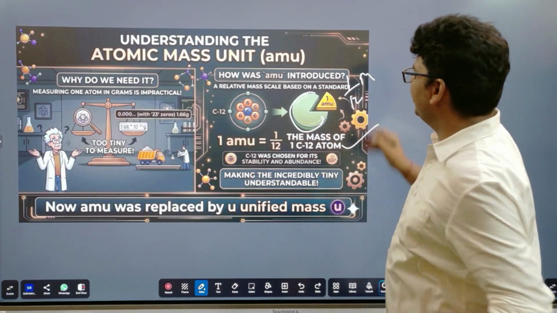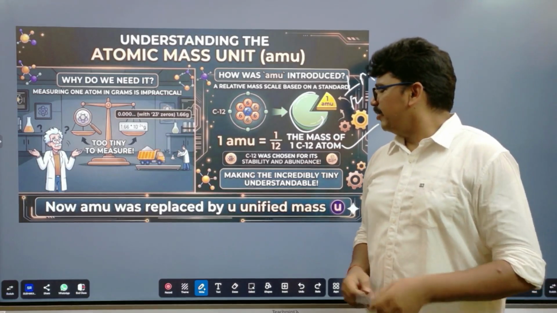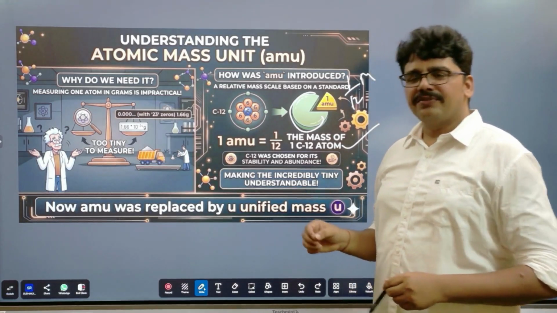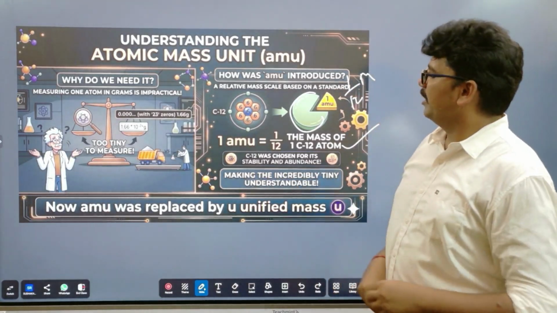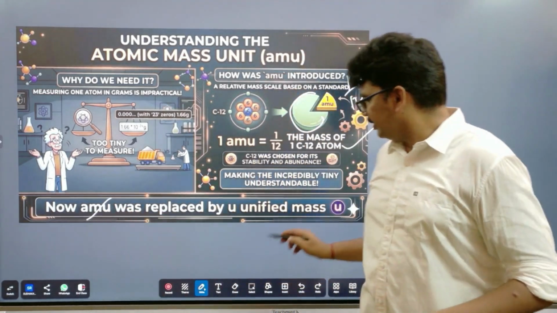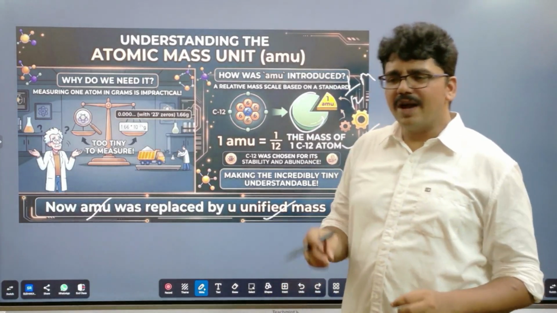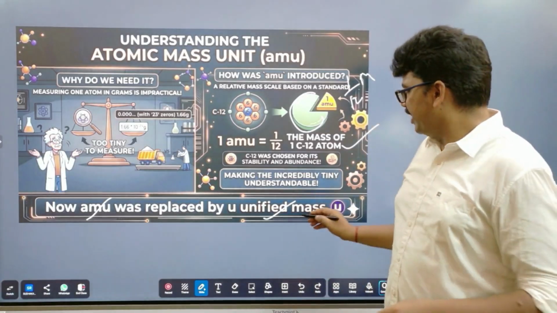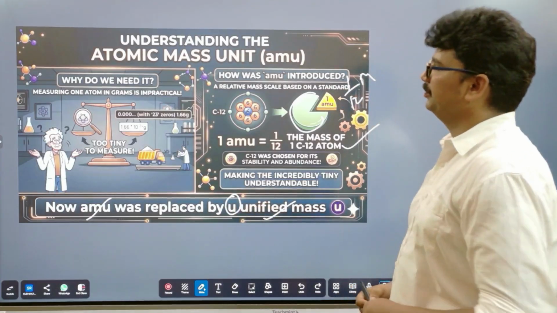That particular amount is taken as 1 AMU, atomic mass unit. So AMU is a 1/12th portion of mass of carbon 12 atom. Nowadays we don't call it AMU. This is called as unified mass. Both are same, there is no difference. Atomic mass unit is also called unified mass. This unified mass symbol is U, small u.